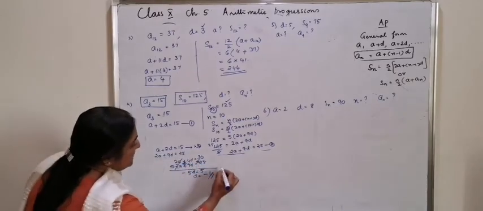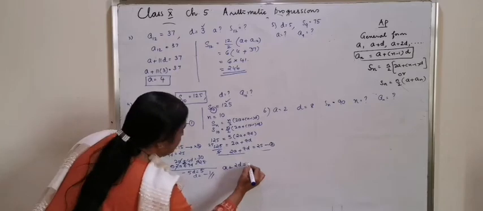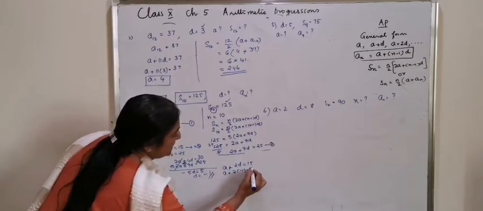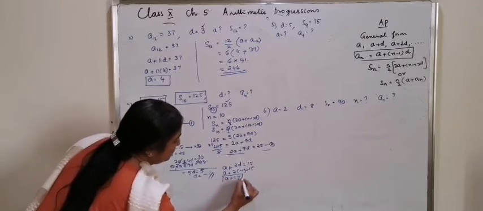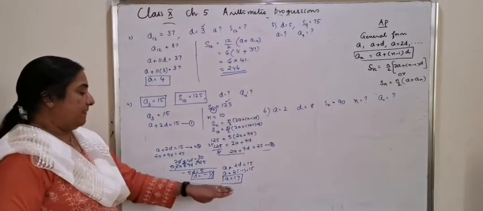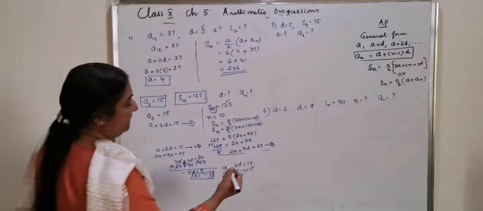You will get A plus 2D is equal to 15. That is, A plus 2 into minus 1 is equal to 15, or A value is 15 plus 2, which is 17. You got the value of D as minus 1, A as 17. Now what's the value of A10?